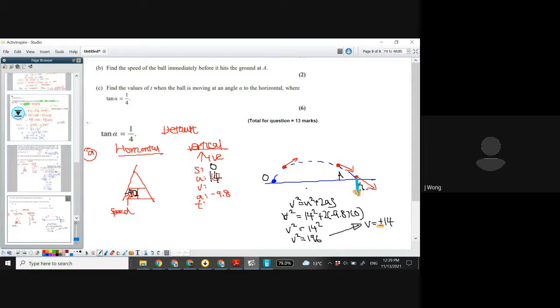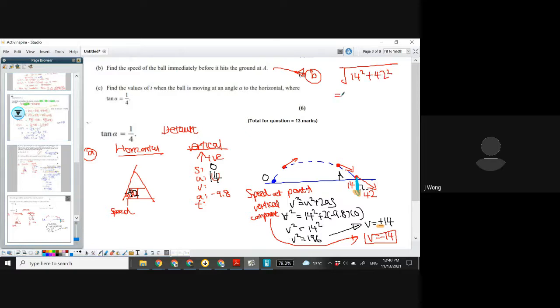The size of this arrow I still put as 14, but for the answer that I should choose to find the speed at point A, I'll pick the vertical component to be minus 14, because at point A we are still descending. The horizontal direction, bear in mind, never changed, and is positive 42. You can use them together to solve part B, which will be the square root of 14 squared plus 42 squared.